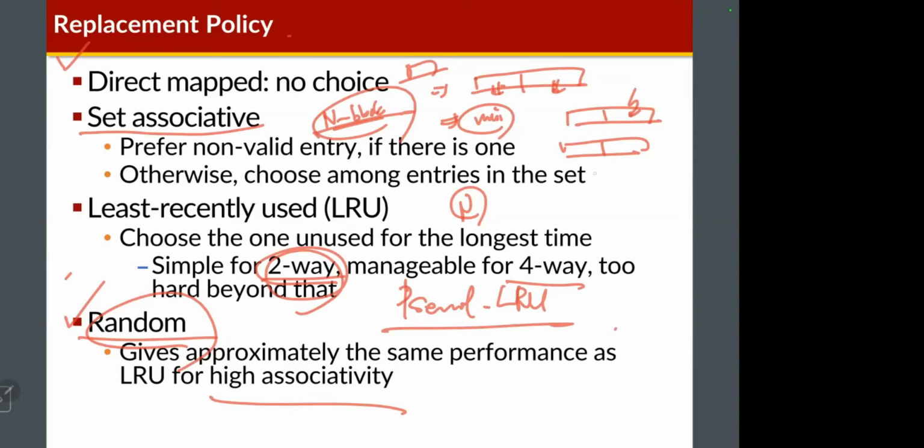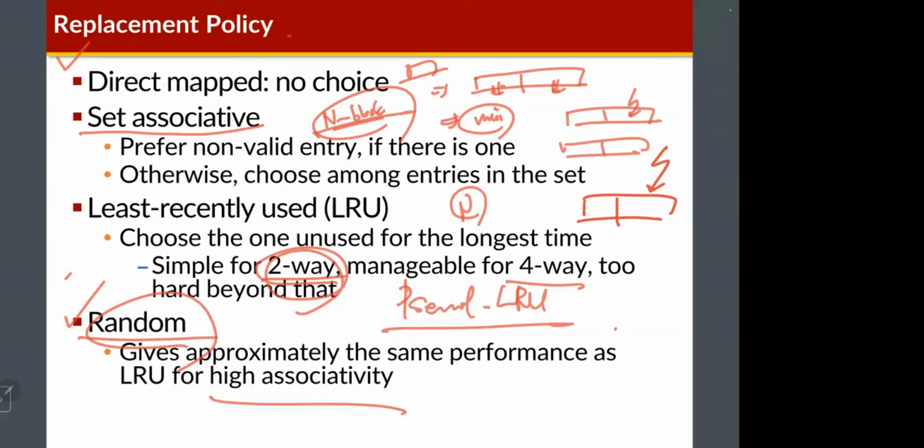If the target set is occupied by all valid blocks, then when a new block should be fetched into the cache, we need to evict one of these valid blocks. The replacement policy defines how to select the evicted block from a target set.